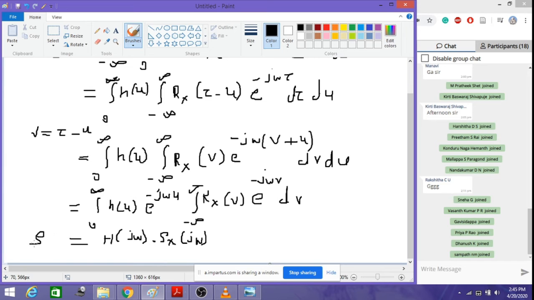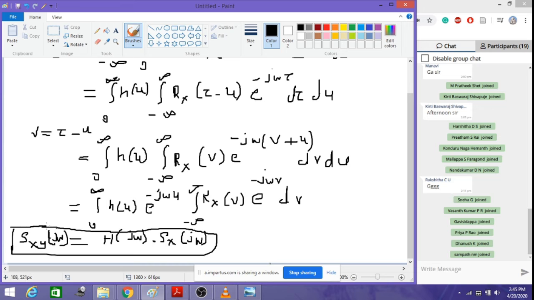So it means it is Sxy of j omega. It means the cross spectral density for the linear system will result, in the frequency domain, in the multiplication of the transfer function with the spectral density of the input, that is x. That is what it will result in.